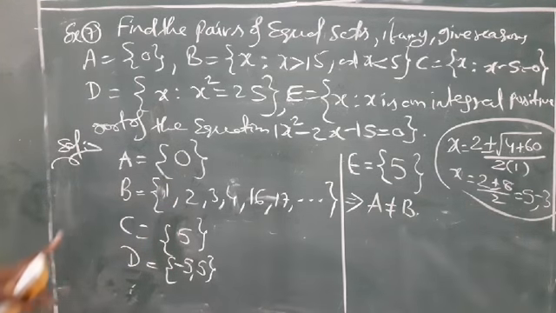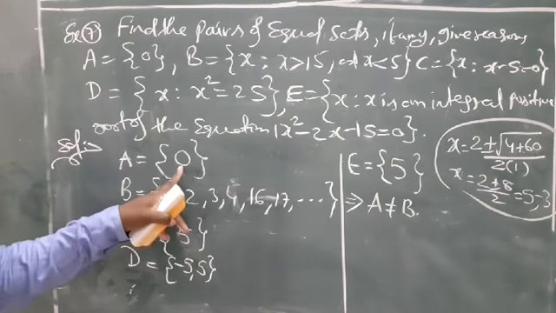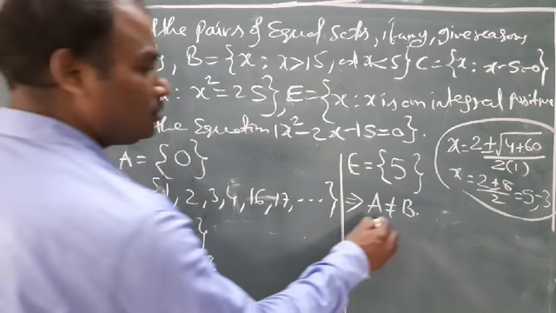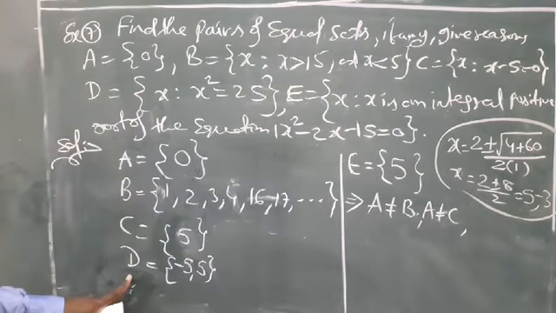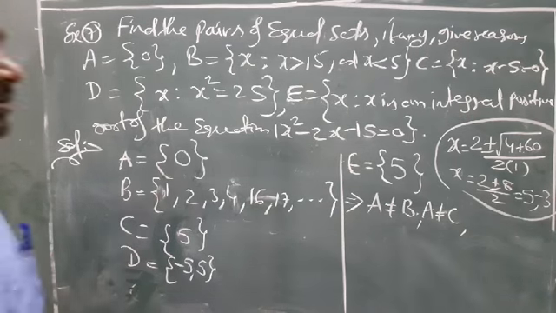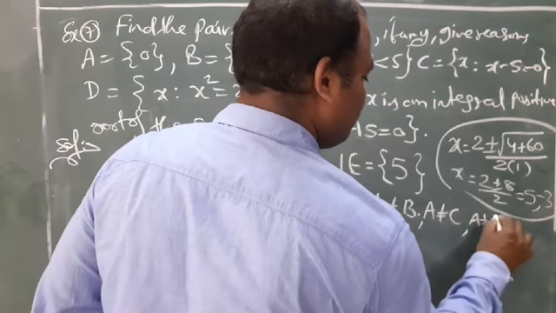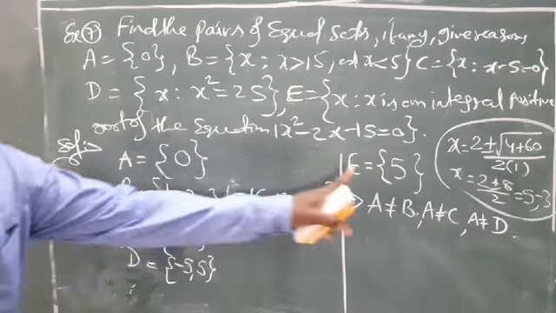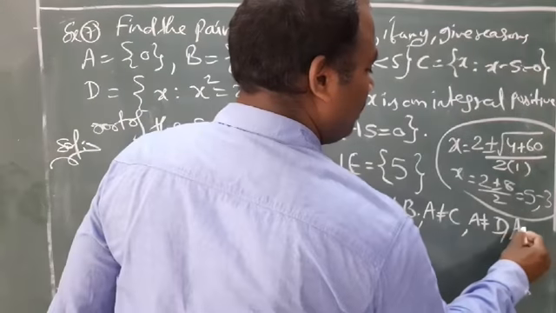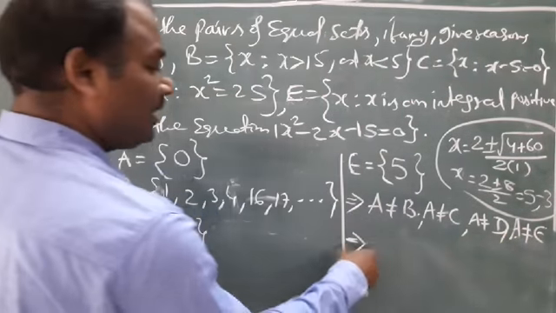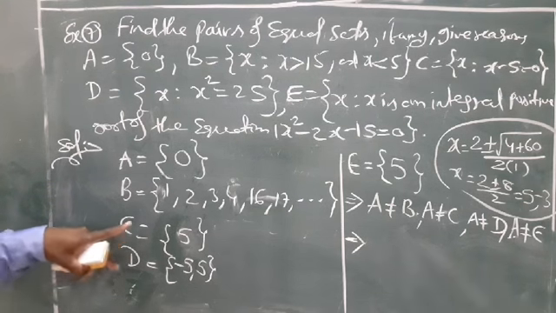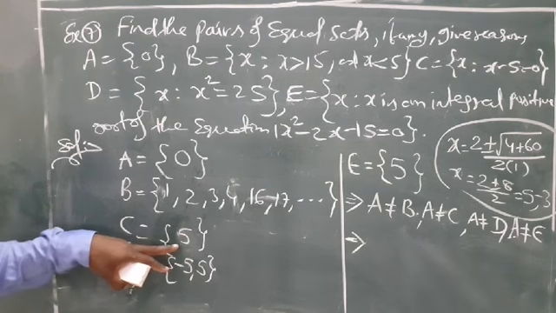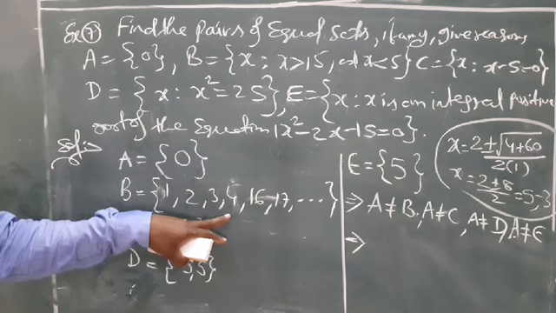Next, a and c. Here 0, here 5, so a not equal to c. Clearly we mention. a and d, 0 here, yes, a not equal to d. Simple, we can get. a and e, no, a not equal to e. Yes, a is done. Now b, b and c. 5 belongs to c but 5 does not belong to b.